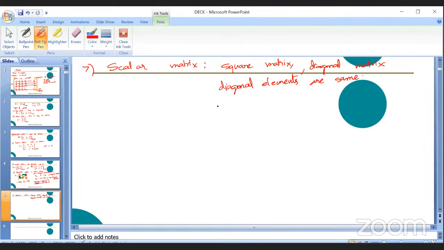That means Aij is equal to k for all i equal to j. So the diagonal elements will be the same, like 4, 4, 4. The non-diagonal elements will be 0. Such a matrix is called a scalar matrix.